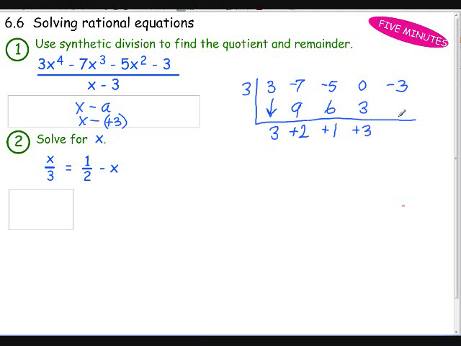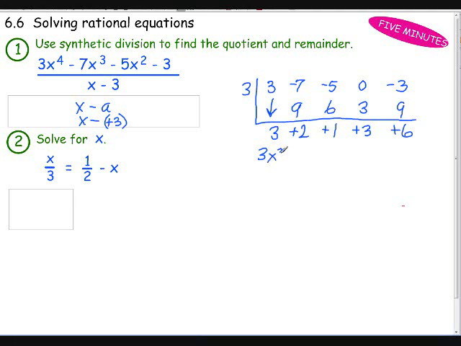We multiply. We add. Now we actually were dividing by x minus 3 when we went through this synthetic division. So what used to be x to the fourth power is now x to the third power.